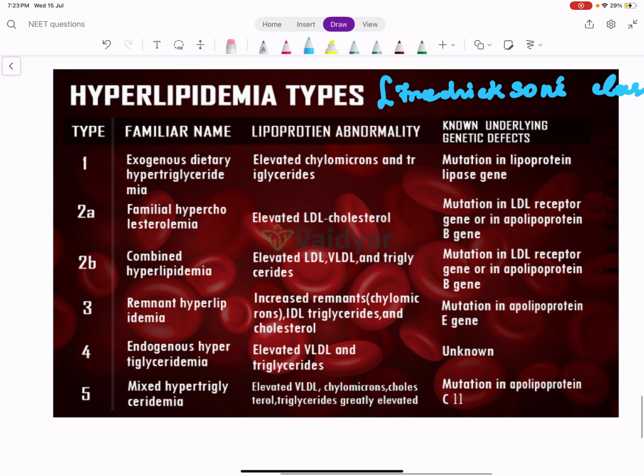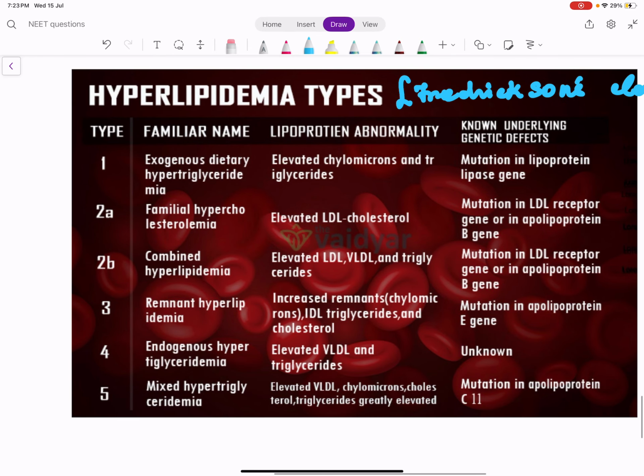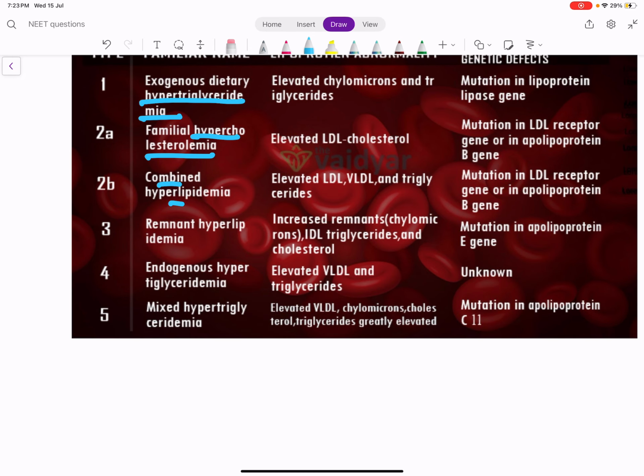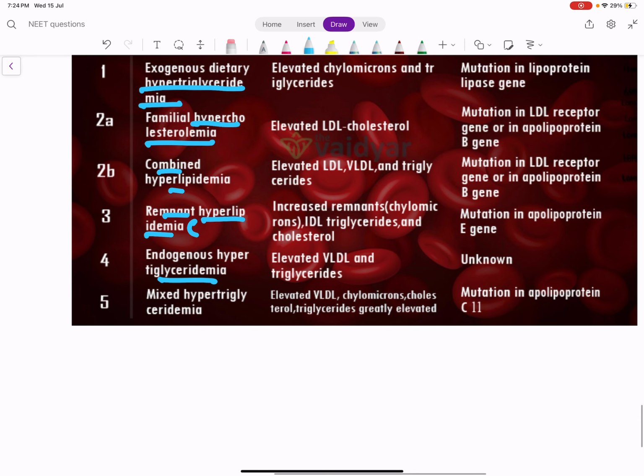So we'll go one by one. 1 is called hypertriglyceridemia. 2A is familial hypercholesterolemia. 2B is combined hyperlipidemia. 3 is called apolipoproteinemia or remnant hyperlipidemia. 4 is again hypertriglyceridemia.